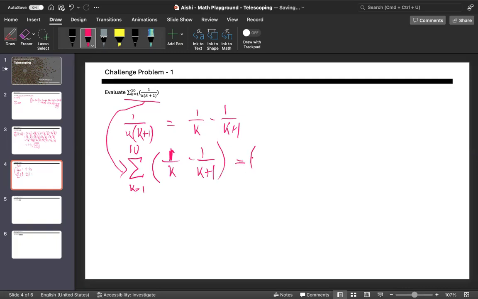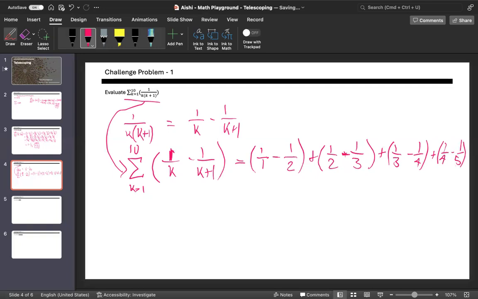So that would be 1 by 1 minus 1 by 2 plus 1 by 2 minus 1 by 3 plus 1 by 3 minus 1 by 4 plus 1 by 4 minus 1 by 5 plus 1 by 5 minus 1 by 6.